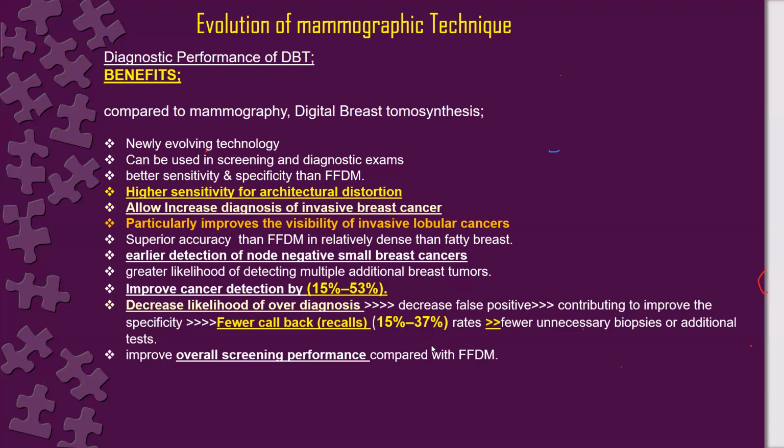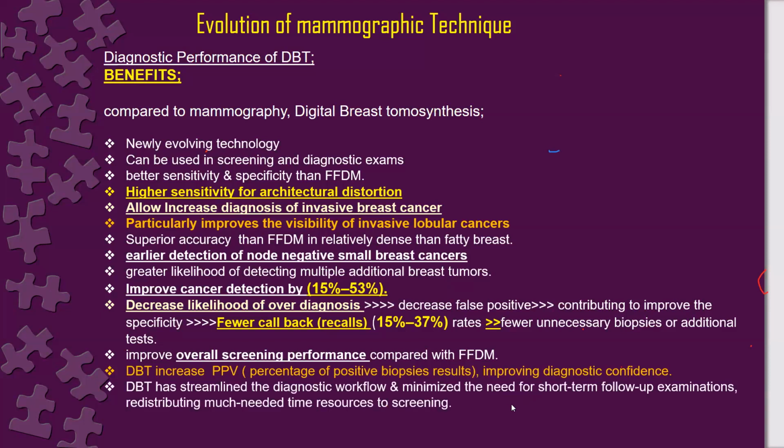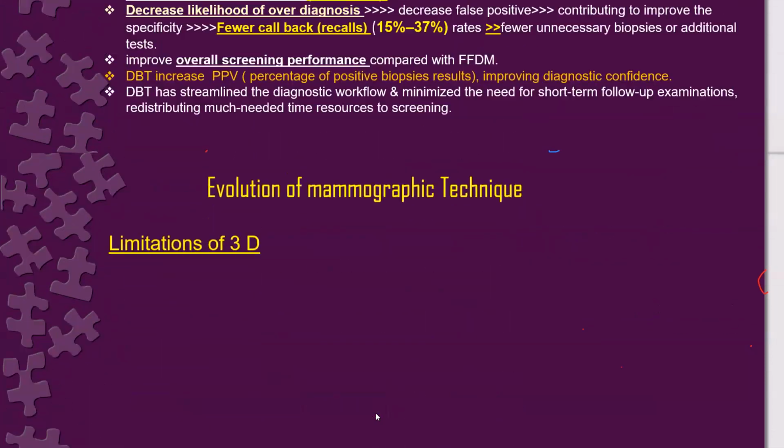By this, it can show improved overall screening performance compared to full digital mammography, increase positive predictive value, improve diagnostic confidence, streamline the diagnostic workflow, and minimize the need for short-term follow-up examinations. This will result in redistributing much-needed time and resources for screening.